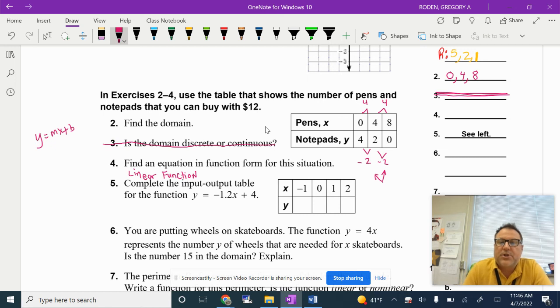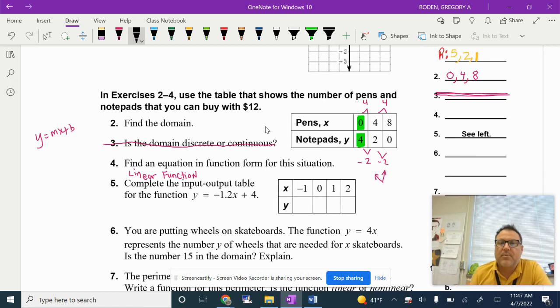Now, if I look at this chart over here, do I see where the b is? Well, yeah, because the b happens when the x is 0, right? Remember how when we always do our b, it's always 0 comma something? So guys, this 4 right here, that is my b. I don't have to do any work for the b because I can see that when x is 0, it crosses the y-axis at 4, 0 comma 4.